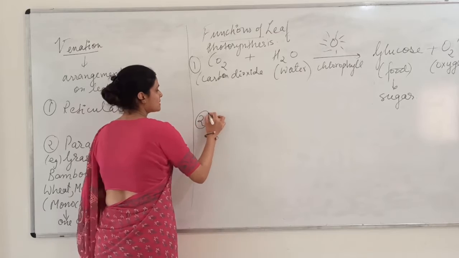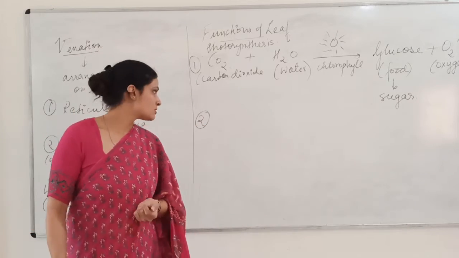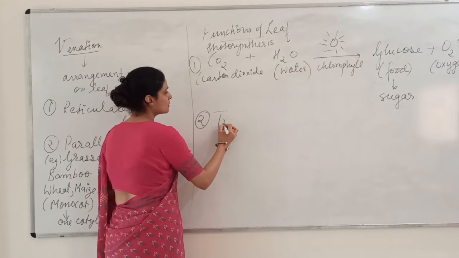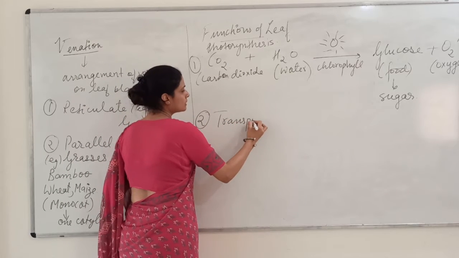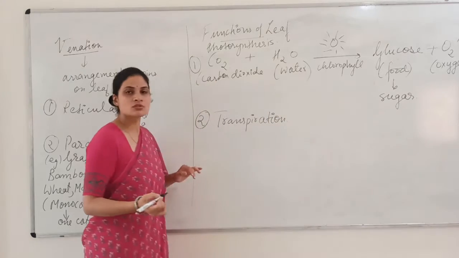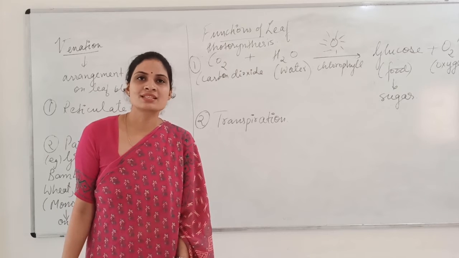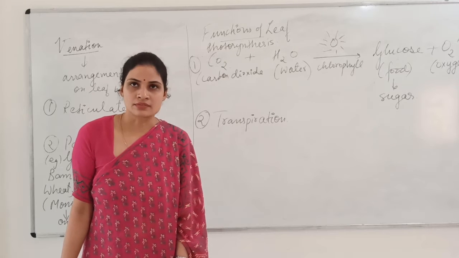Now, the second most important function is transpiration. As I have told you earlier, photosynthesis is carried out by the small tiny openings present on the leaf surface.